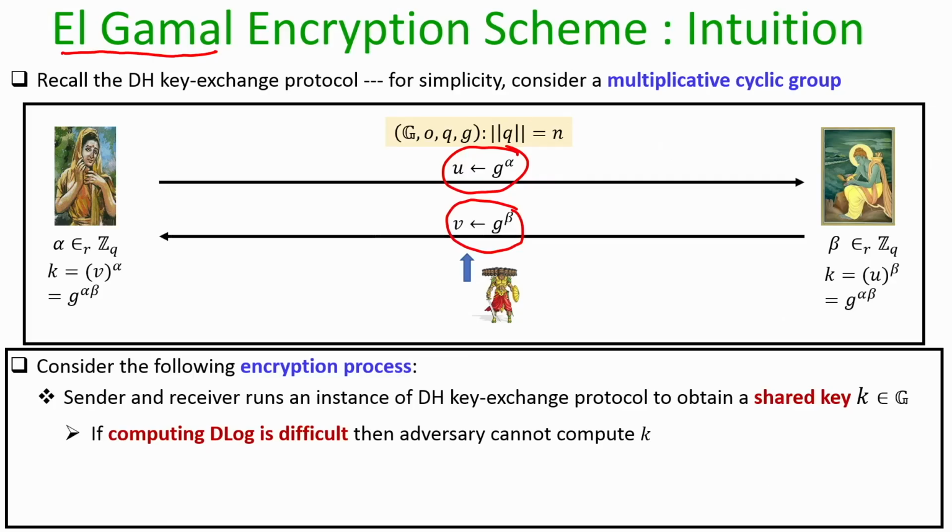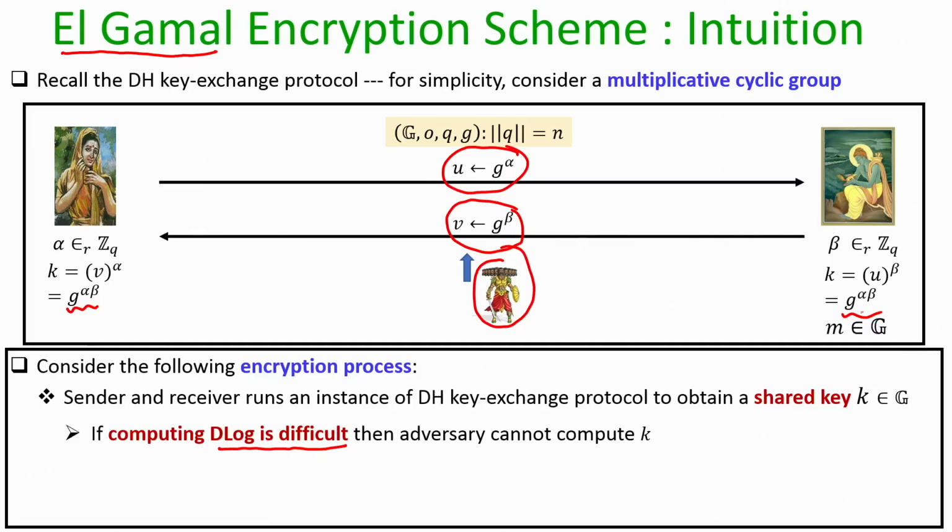The intuition is the following: if g to the power alpha beta is a common key which is going to be agreed upon between Sita and Ram, and we know that if the discrete log problem is difficult to solve in my group, then any third party who has monitored the communication will be unable to compute g to the power alpha beta, or the key k, in a reasonable amount of time.